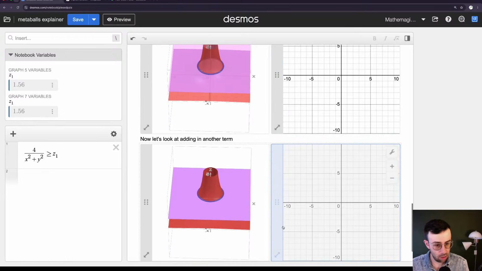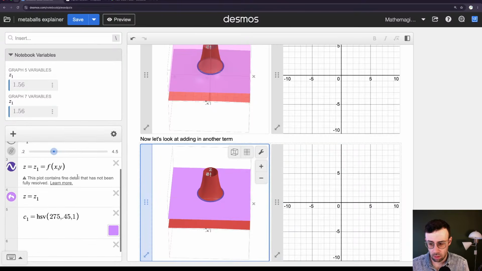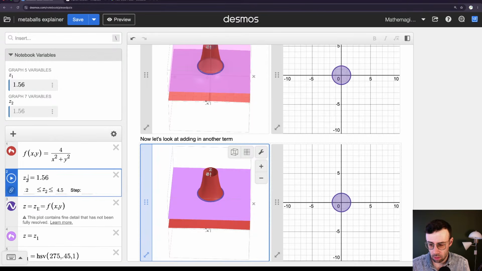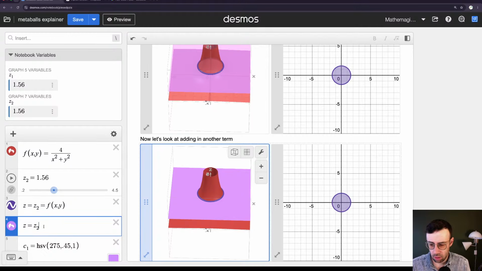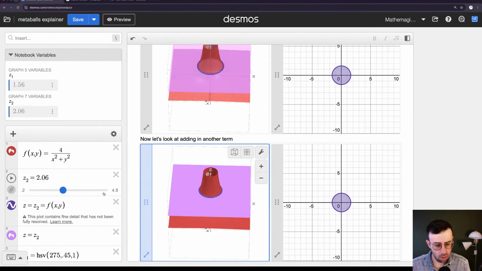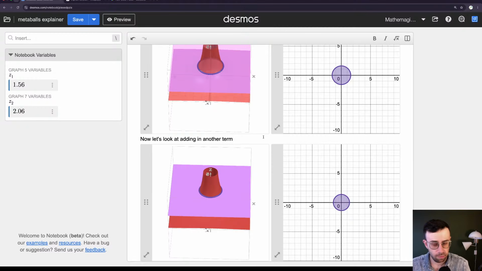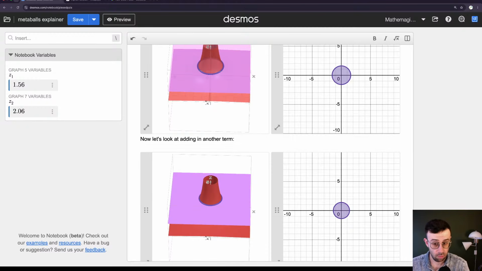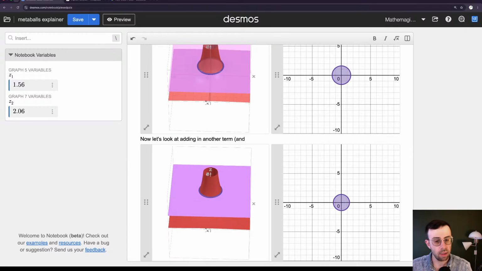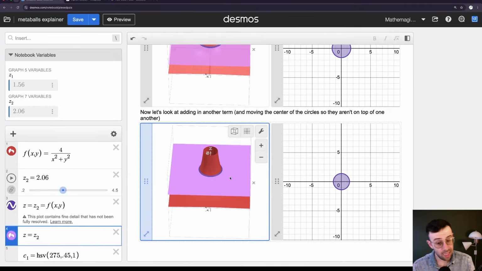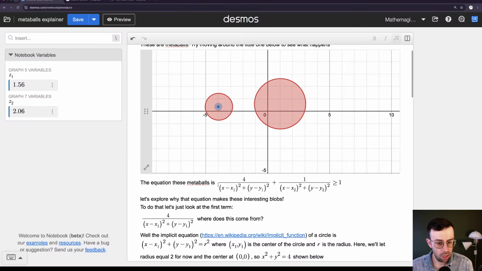Let's name it Z2 instead. And moving the center of the circles so they aren't on top of one another. So we want to see basically two. I think it's going to look like two volcanoes.